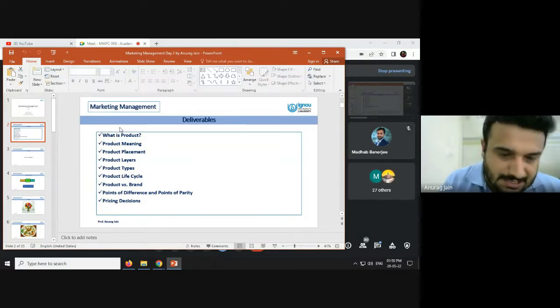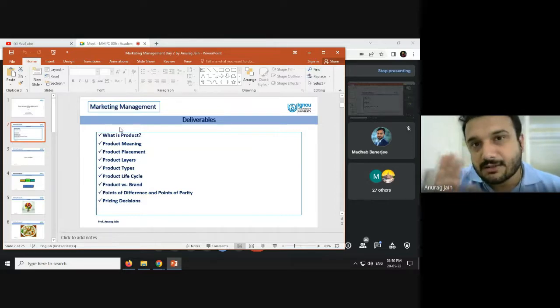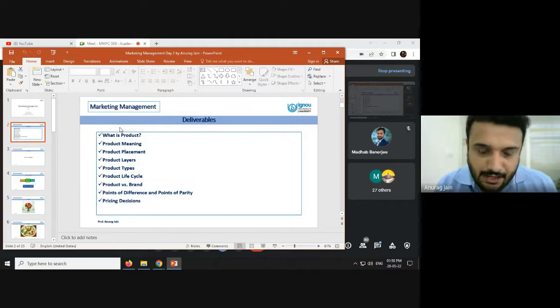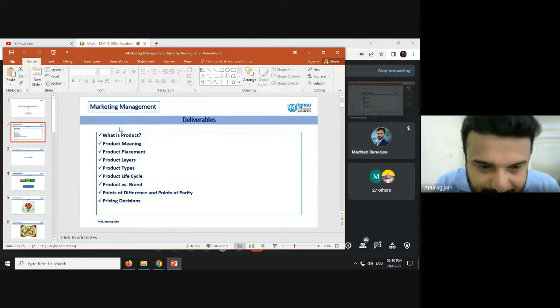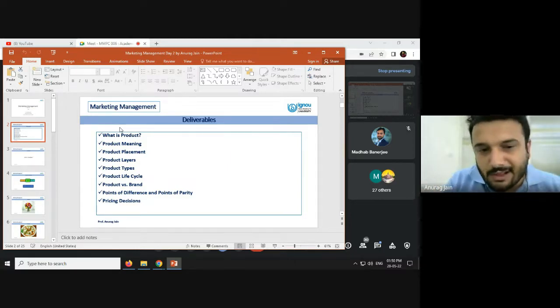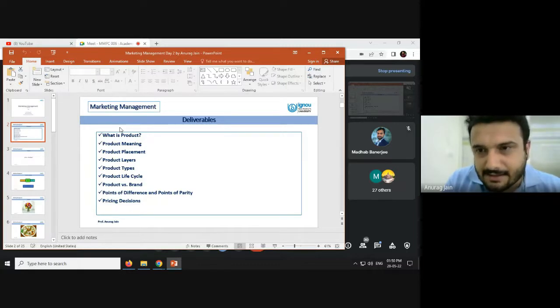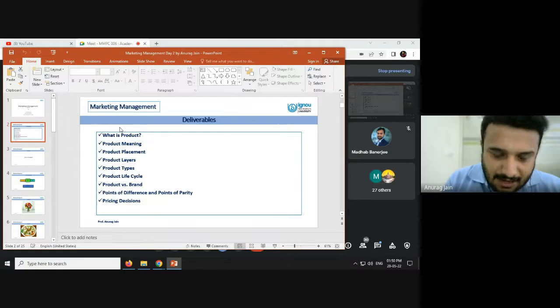We'll talk about this as well. How is a product different from a brand? We'll try to develop some understanding about this too. There is an important concept of points of difference and points of parity, and we'll discuss this as well. And in the last, we are going to talk about the pricing decisions, which are really important for the marketers. So these are some of the things I intended to discuss today.